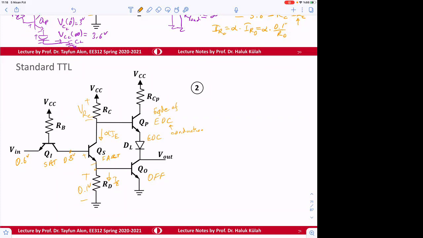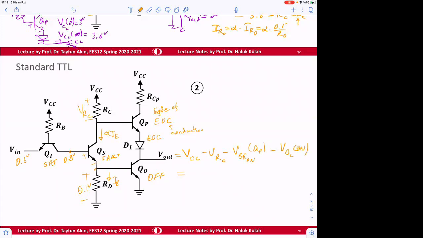Okay, and therefore the output voltage, Vout, will be VCC minus VRC minus VBE of QP on minus V diode of L, which is on.